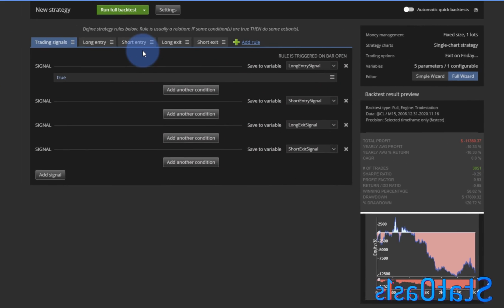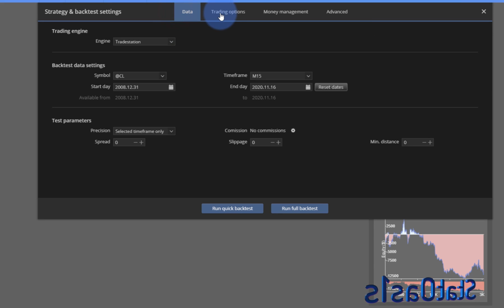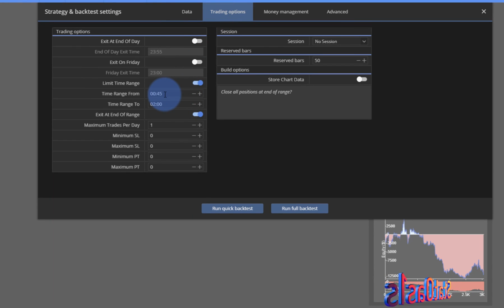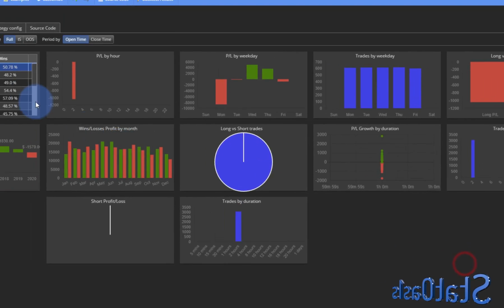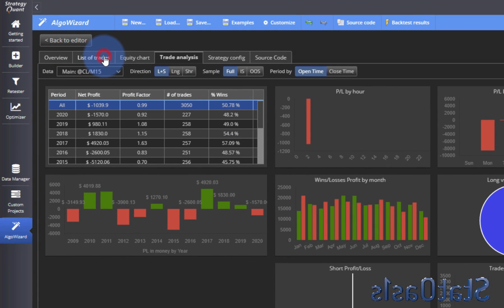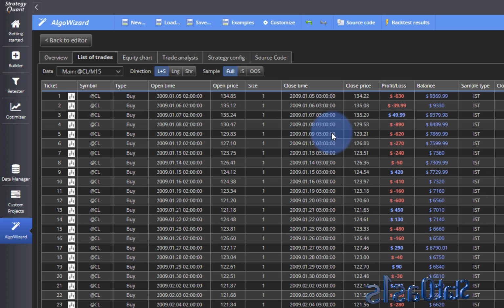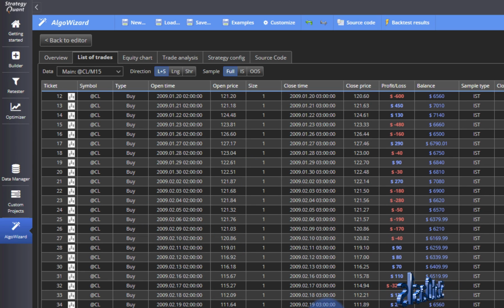Then I go back, and now it's easier. I go to the trading options, and I change this to 1, and this to 3, and this will do 2 to 3 a.m. Run full backtest. Click, and list of trades to check the logic. It's 2 to 3, 2 to 3, good.